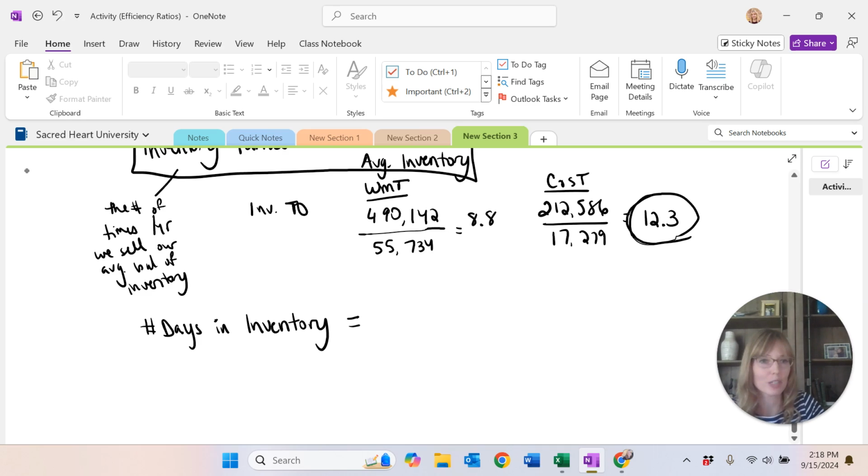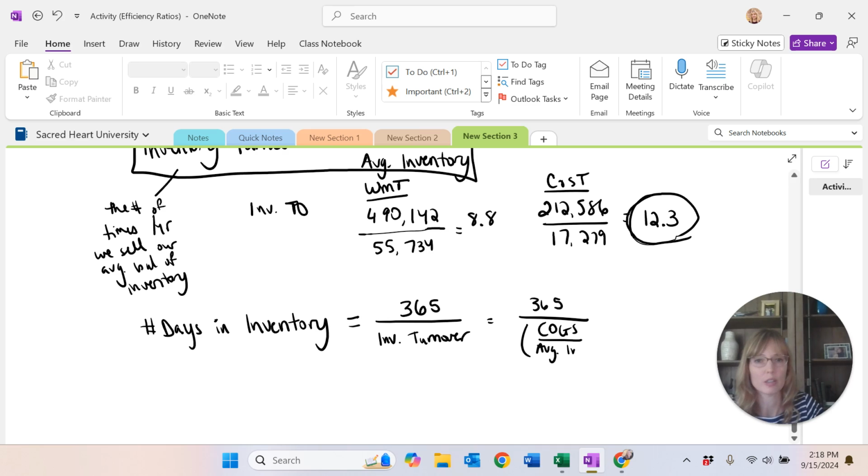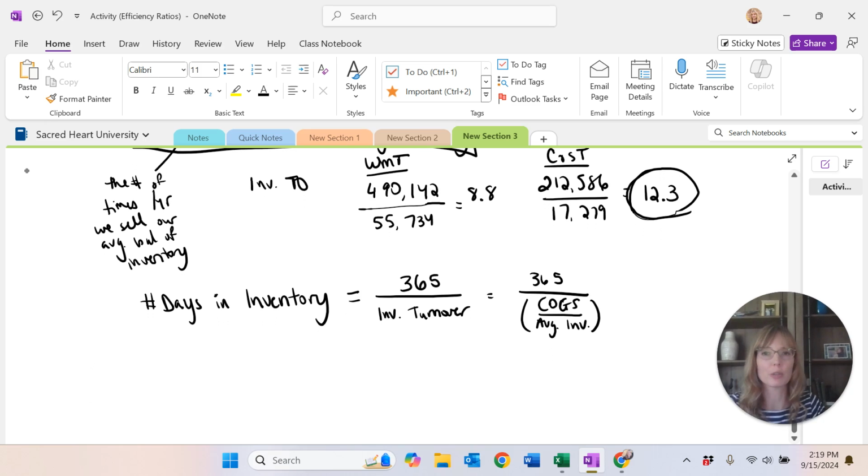So number of days in inventory is equal to 365 divided by our inventory turnover ratio, or 365 divided by cost of goods sold divided by average inventory. So it's just a way of converting our inventory turnover into something a little more understandable than number of times per year, but we're going to turn our answer into how many days on average is the inventory in our company waiting to be sold.